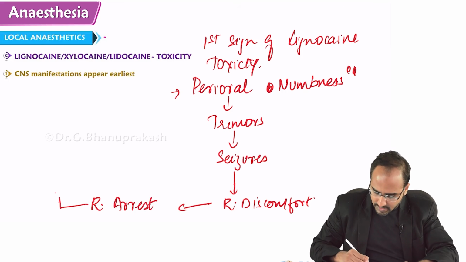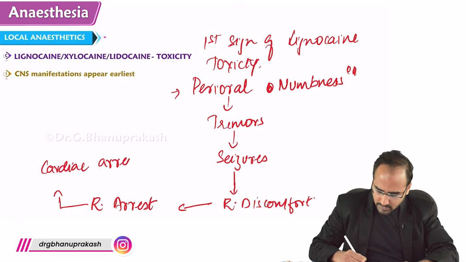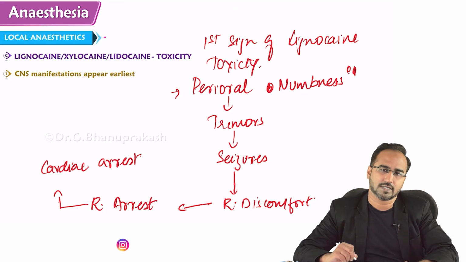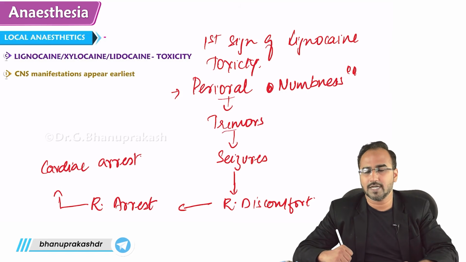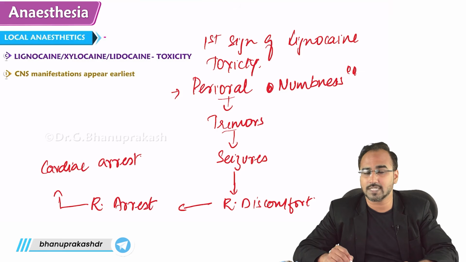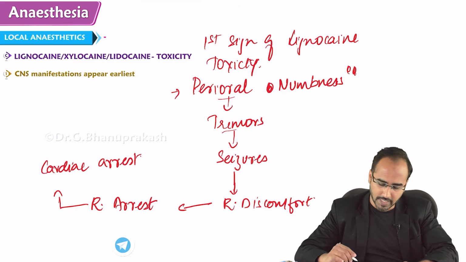Respiratory arrest, ultimately leading to what arrest? Cardiac arrest. So perioral numbness followed by tremors followed by seizures, respiratory discomfort leading to respiratory arrest, ultimately leading to what arrest, guys? Cardiac arrest. So these are the signs of lignocaine toxicity.